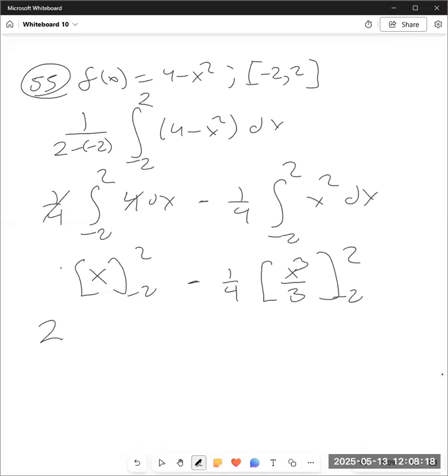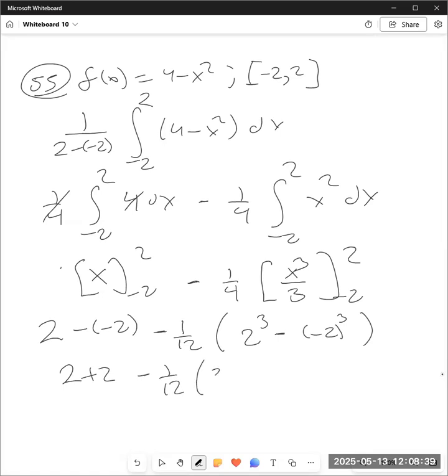This is 2 minus a negative 2, minus 1/12. 3 times 4 is 12, of 2 cubed minus negative 2 cubed. It's going to be 2 plus 2, minus 1/12 of 2 cubed is 8 minus negative 2 cubed is a negative 8.